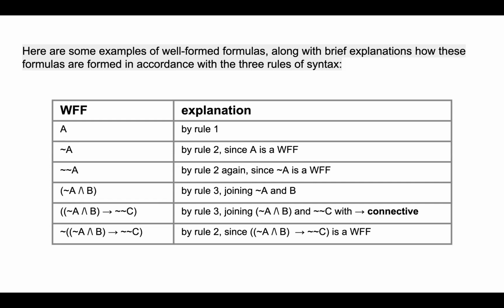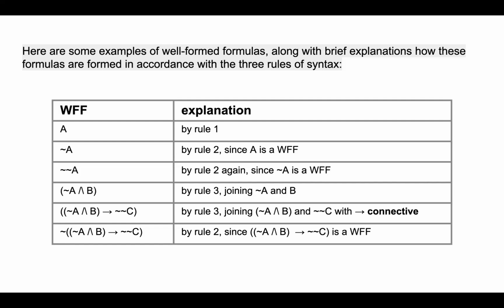Then the ANDing operation of negation A and B implies negation of negation C. The ANDing between negation A and B implies negation of negation C. It is also a well-formed formula because it is using all other things which are well-formed formulas, and which connective is used there?